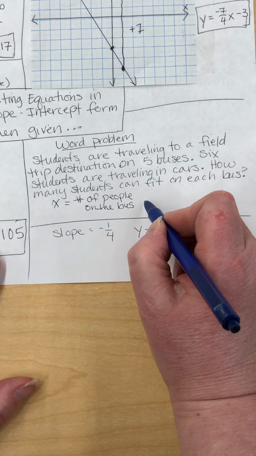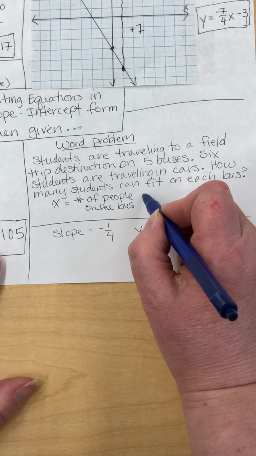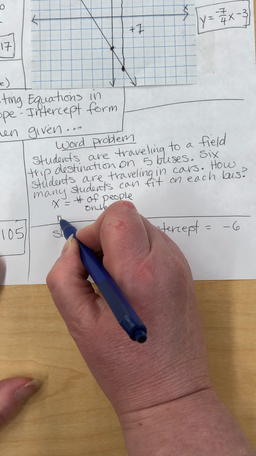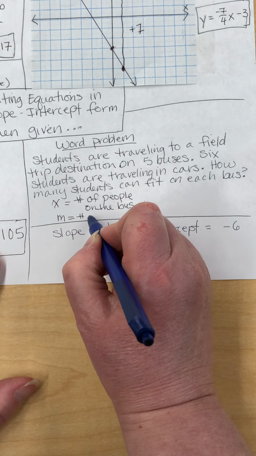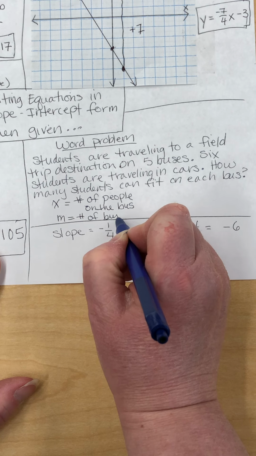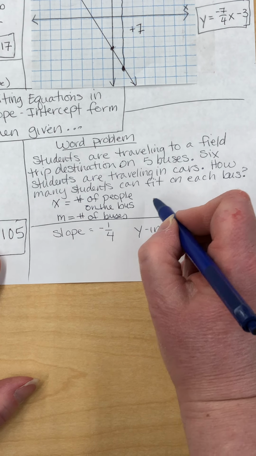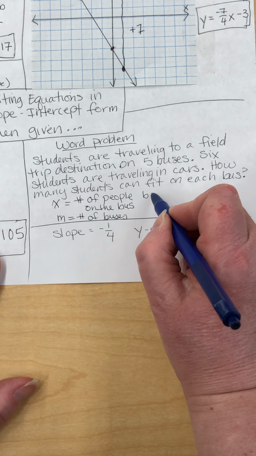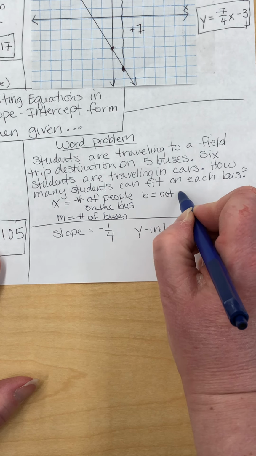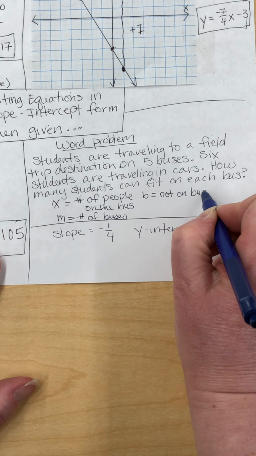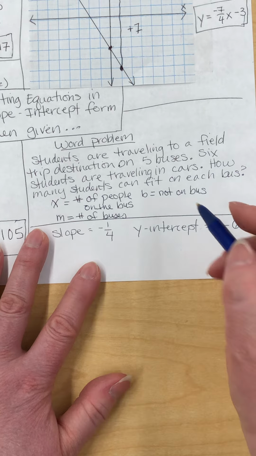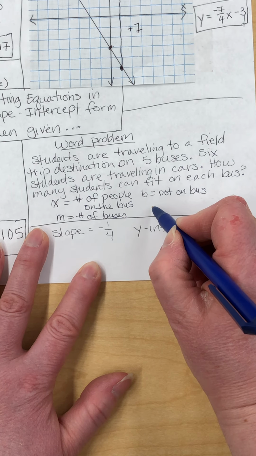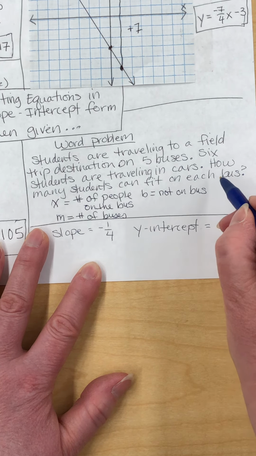So on one bus. My m is going to be the number of buses that we have, and my b is going to be people who are not on the bus. Okay, so we have y equals mx plus b. So b is the people not on the bus.